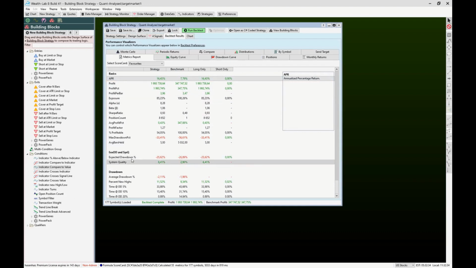Of course, you have to look at many other key figures here, but if you are looking just at the annualized percentage return, you get better numbers with this. Okay, so that's the first attempt to create a trading strategy.